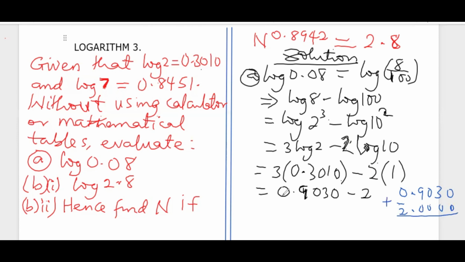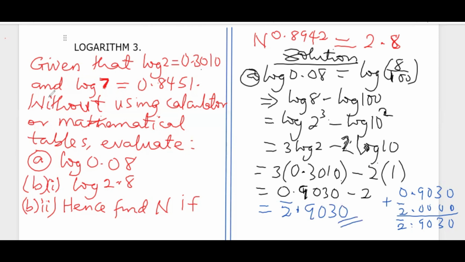So we're going to add together. We're not subtracting, because that negative is what we have written as bar 2 here. So when you have it, it will give you bar 2, and this is 9030. So your final answer for this part is bar 2.9030. So that's the answer.